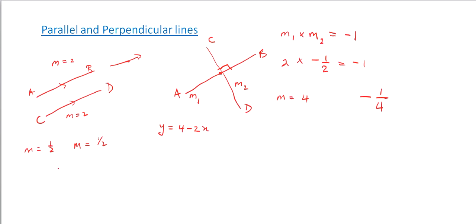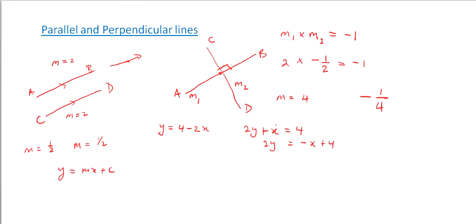Even though the general equation of a straight line is y equals mx plus c, you may be given an equation that looks a little strange. So you might see 2y plus x is equal to, let's say, 4, and you have to look at this line and figure out what the gradient is. So the first thing you have to do is to write this equation in the form y equals mx plus c. So we can write 2y is equal to minus x plus 4.